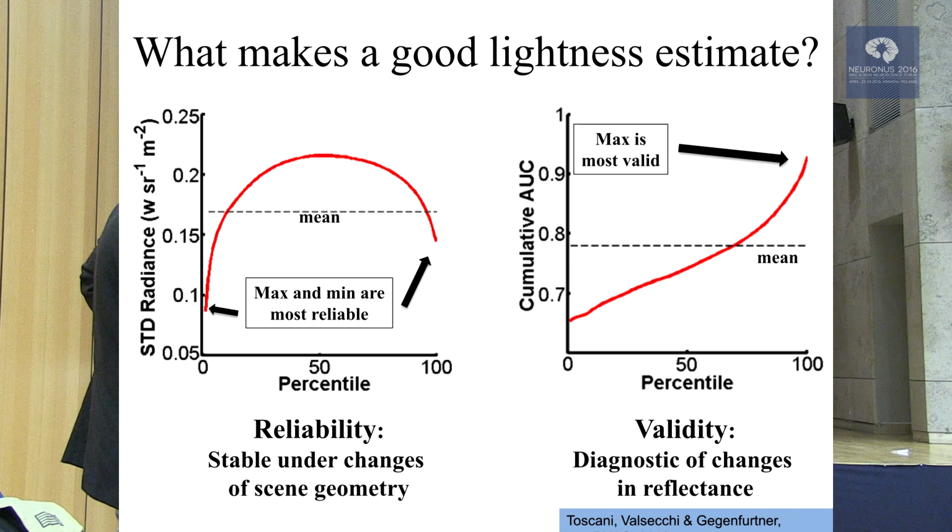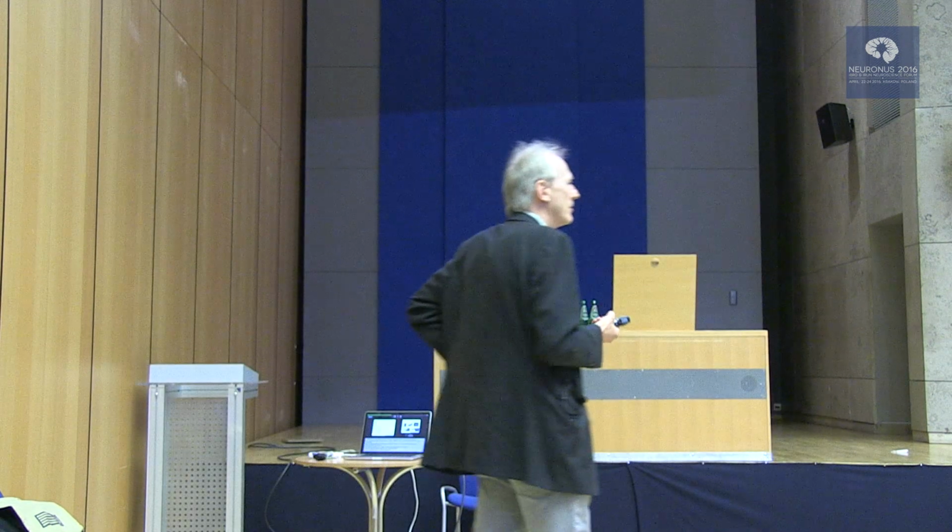And what you can see here is that the most reliable statistics, the ones with the smallest standard deviation, are the minimum and the maximum. And if you think about it, if the minimum, that would basically mean that you call all the objects black. That way you're perfectly reliable. There's no variability at all. And of course, that's pretty useless.